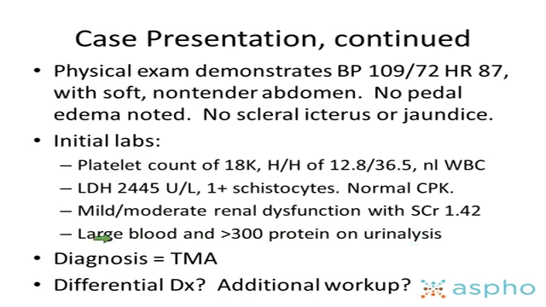So our diagnosis at this point, based on the lab findings and perhaps some of the historical and exam findings, is thrombotic microangiopathy. Now that leads us to a discussion of what is the differential diagnosis for this patient, and is there any additional workup that is indicated?